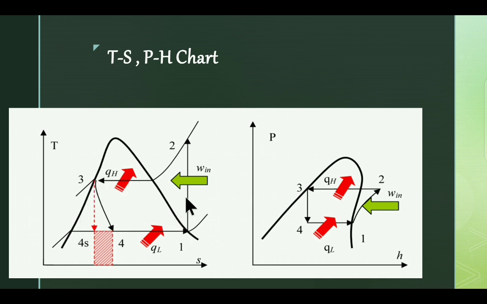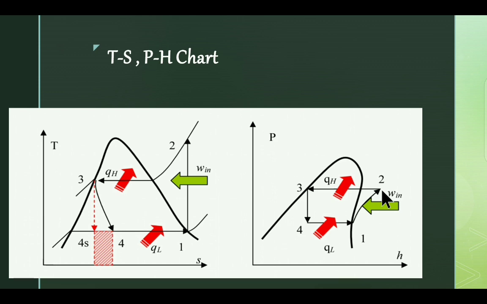Above the saturation line is vapor, inside is liquid, and on the line it is semi-liquid. 1 to 2 is in the vapor state, where the temperature and pressure are increasing, in the superheated state.